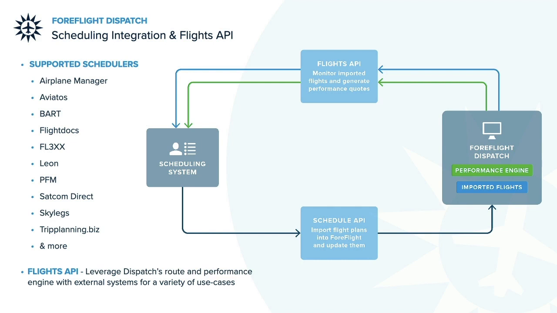You can also integrate those capabilities, the performance engine and that kind of accuracy, back into the scheduling system to allow the schedulers to actually get a better sense of how long the flight is going to take and what it's going to end up costing in terms of fuel. So it's a very interesting aspect of this API, and I'm looking forward to seeing what other use cases we get out of it.